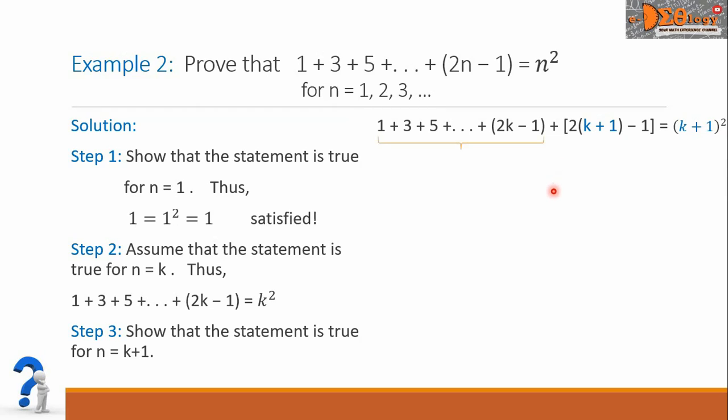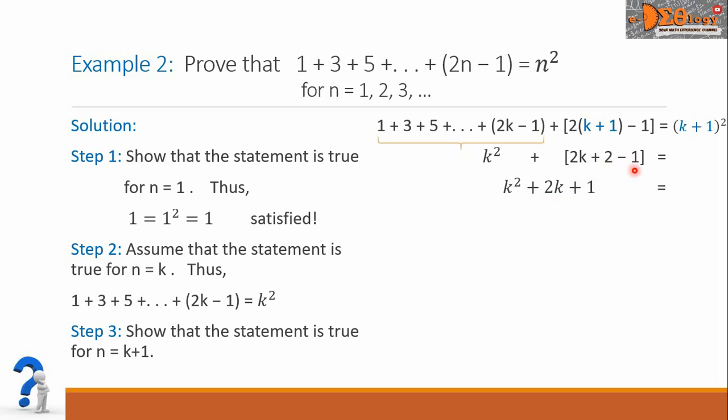Our next step is to substitute this expression here by the value of the right side of step 2. This is equal to k squared. Then we'll just copy this expression down here. So this value now becomes 2k plus 2 minus 1. Let us combine our left side members. So we have the k squared plus this 2k we copy down here.